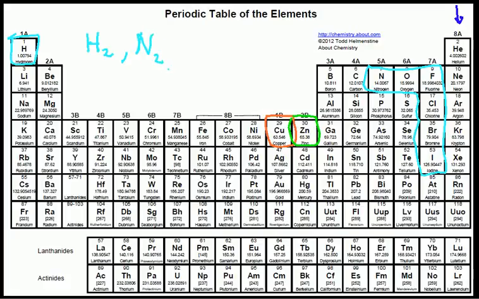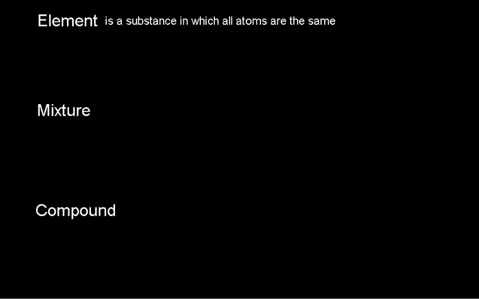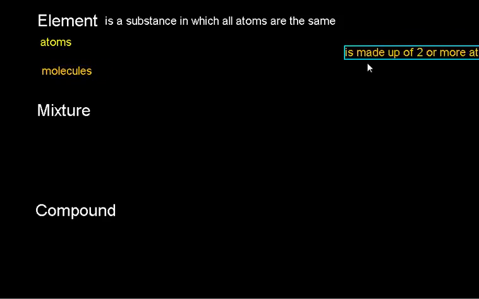All of them exist in nature as 2 atoms together. So elements can exist as individual atoms, or they can exist as molecules, which are made up of 2 or more atoms.